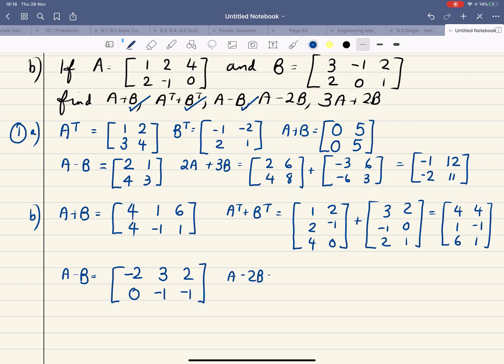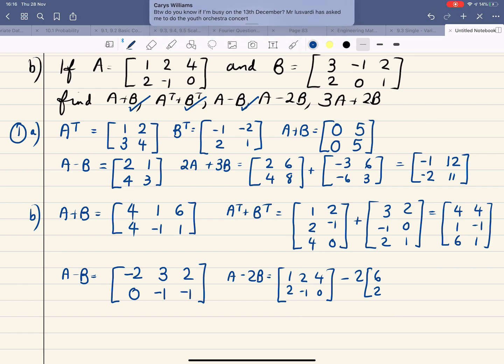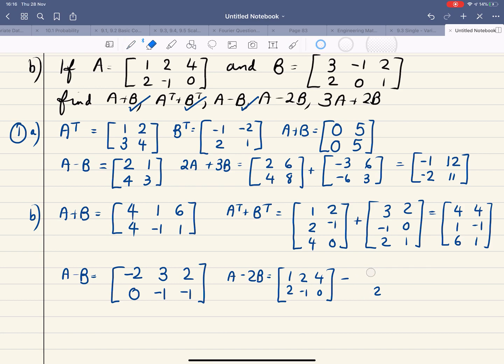A minus 2B, so that is the A, so we've got it already, minus 2 with the B's. So double up with all the B's, I'll just put it straight in, double up the B's, 6, 4, minus 2, 0, 4, 2.